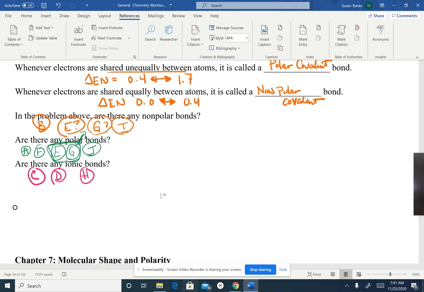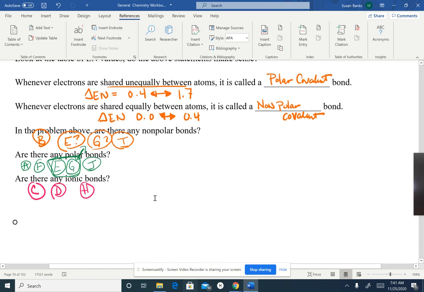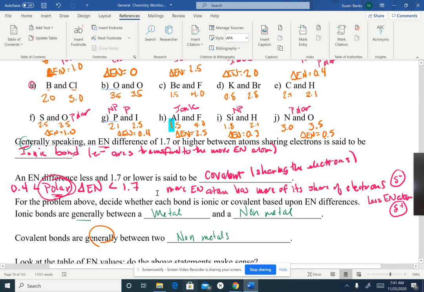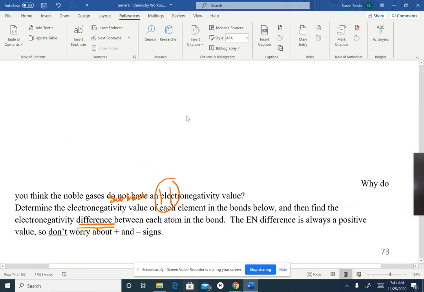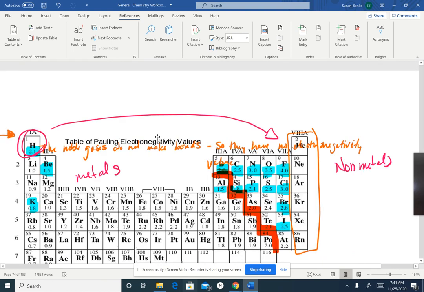Now I want to look back on C, D, and H and verify that they are indeed metals bound to nonmetals. So let's look at C. We have beryllium and fluorine. Yep, we have a metal. Beryllium's a metal, fluorine's a nonmetal. That works.